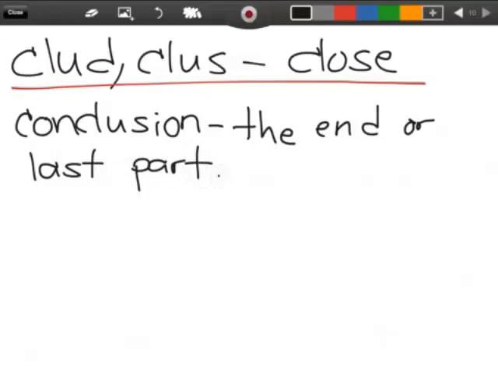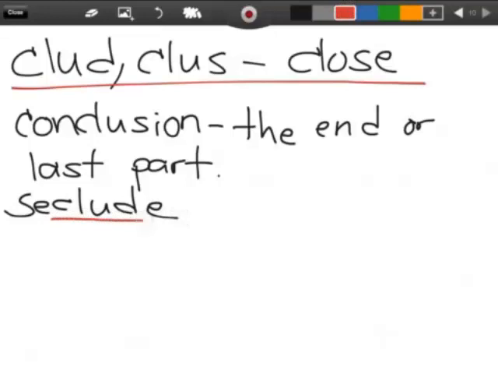The next word I'm going to give you is seclude. Seclude. And I'm going to underline this root for you guys so you can see more clearly. And that means to keep away from.